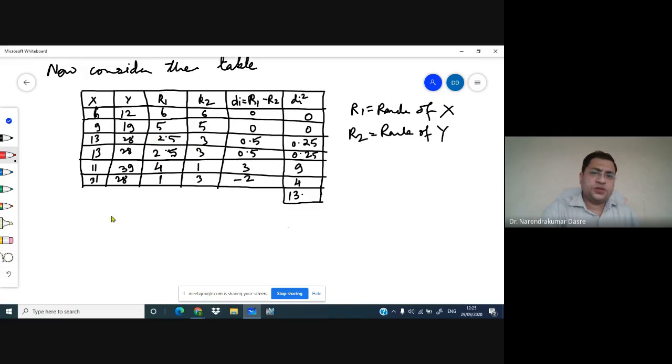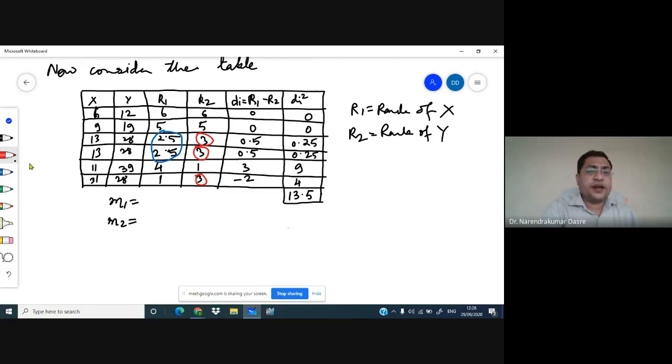The first repeated rank is repeated 2 times, and the second rank is repeated 3 times. So M1 is equal to 2 and M2 is equal to 3 because it is repeated 3 times.